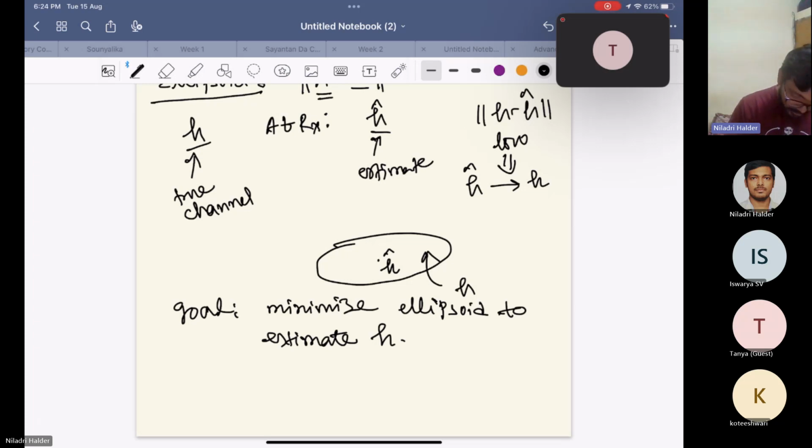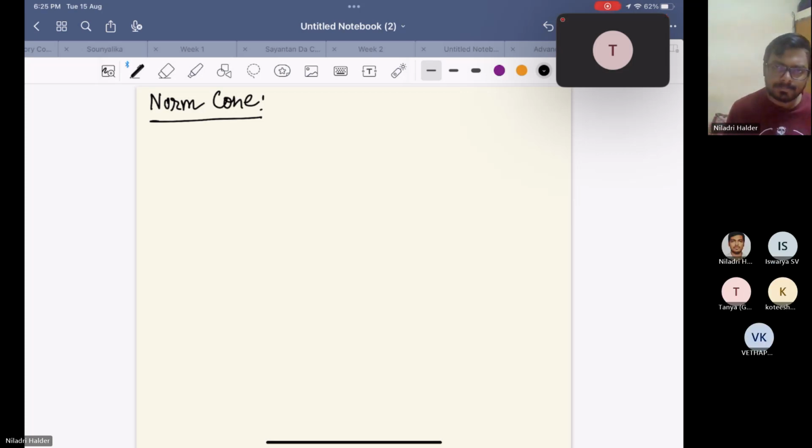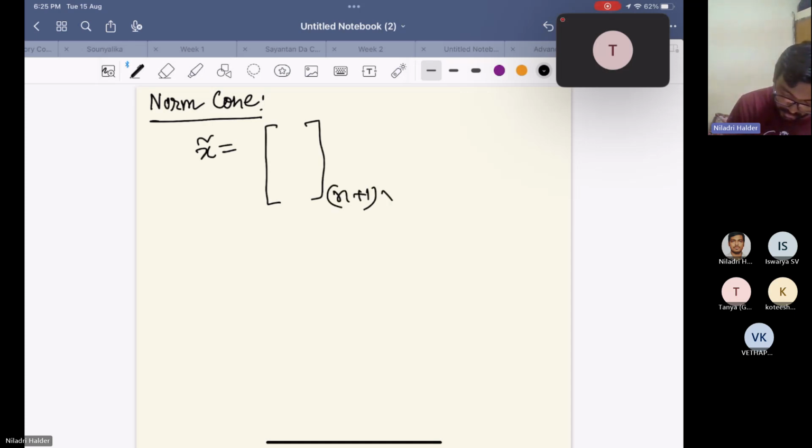Then the next topic is what a norm cone is. Suppose x tilde is a vector of dimension n plus 1 cross 1.